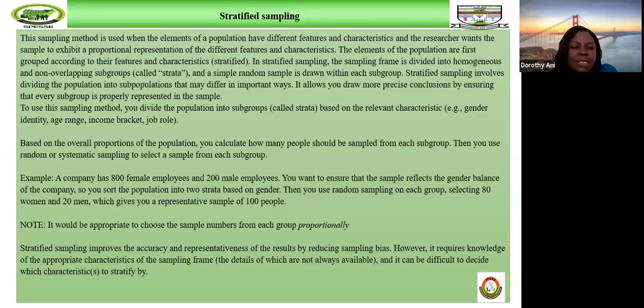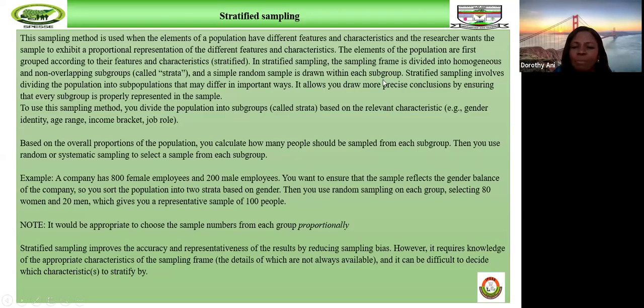Stratified sampling. This sampling method is used when the elements of a population have different features and characteristics, and the researcher wants the sample to exhibit a proportional representation of the characteristics.